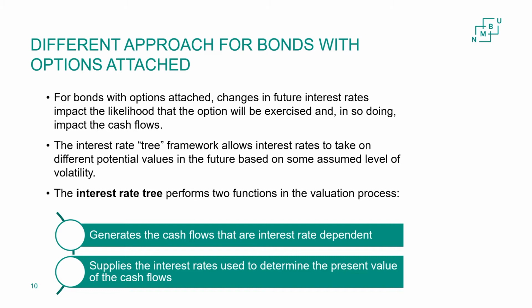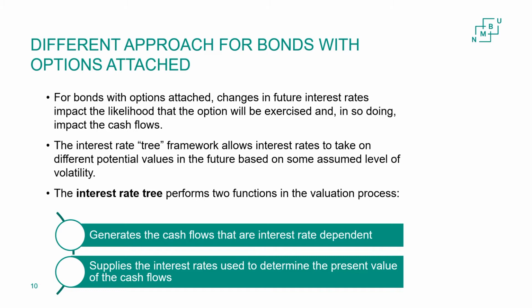And the interest rate tree gives us two things. It may give us information about what kind of cash flow the bond will pay.